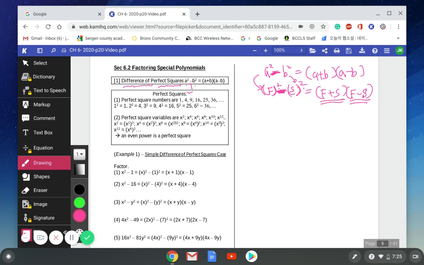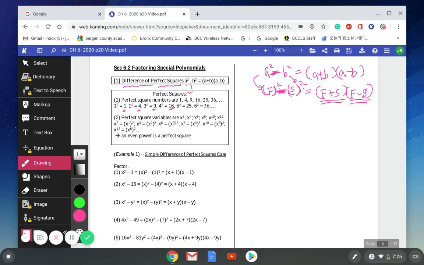Perfect square numbers are like 1, because 1 times 1 is 1. 4 is a perfect square number because 2 times 2. 9 is a perfect square number because that's 3 times 3. The same number squared, that's why they call it perfect squared.